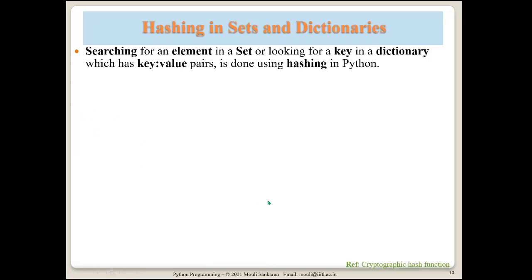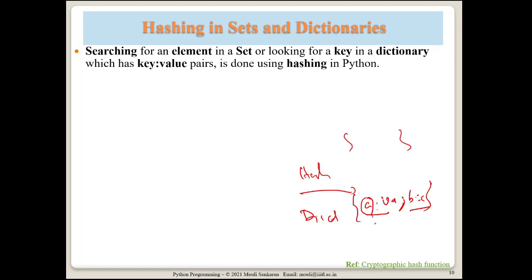Now how do you search in sets or a dictionary? Please remember, hashing is used in sets as well as in the dictionary. So to access the key, you will be using the hash in the dictionary, and once you find that index, it will be pointing to the value.